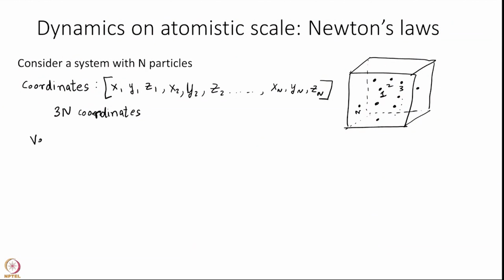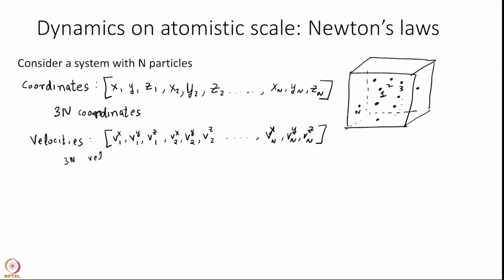Not only that, I also have velocities of these n particles: Vx1, Vy1, Vz1, Vx2, Vy2, Vz2 till Vxn, Vyn and Vzn. So, I have 3n velocities as well.